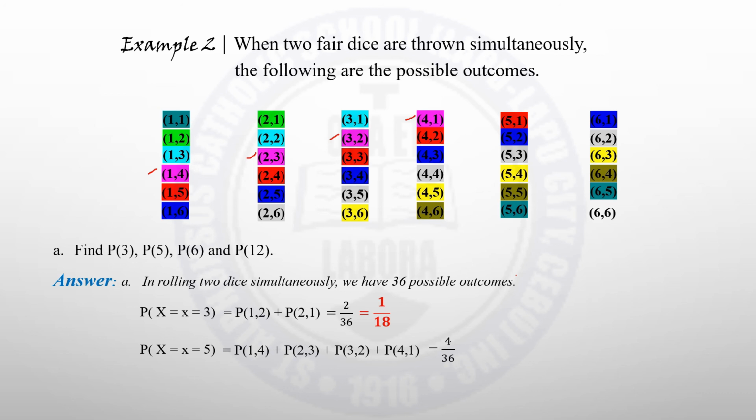And 36 is the denominator because we have 36 possible outcomes all in all. Simplifying further, we get 1 over 9 as the final answer.